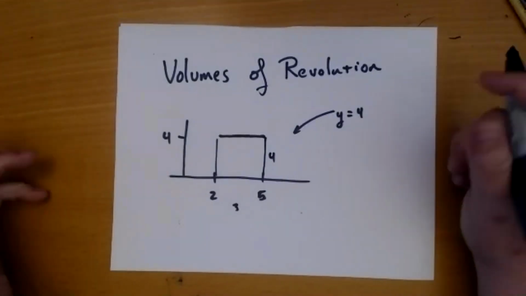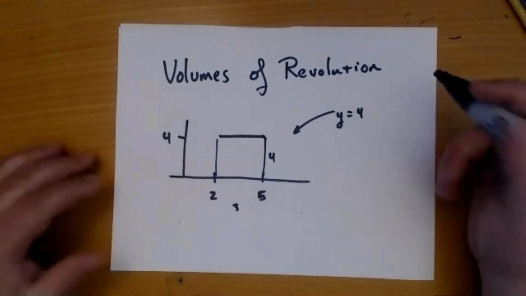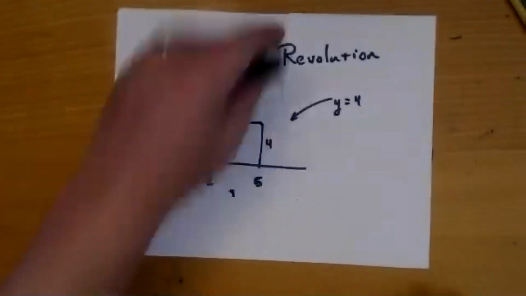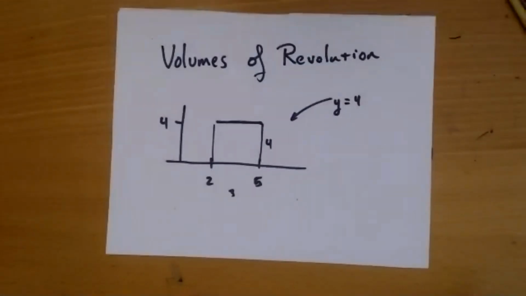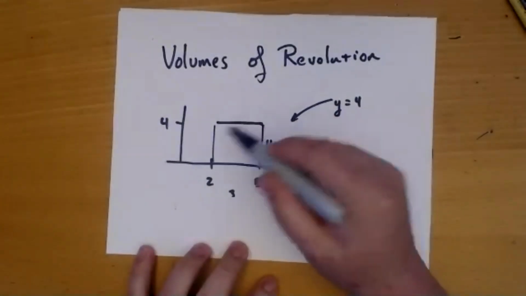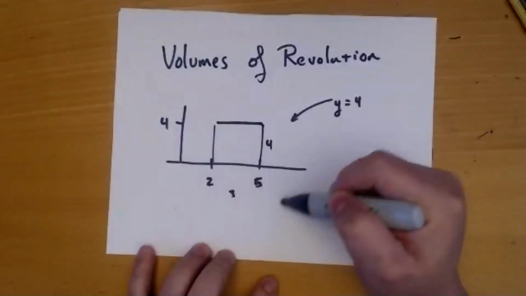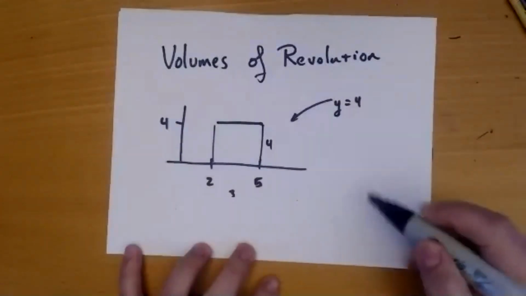Okay, nothing exciting. But what would happen if I were to take this line segment and revolve it around the x-axis?